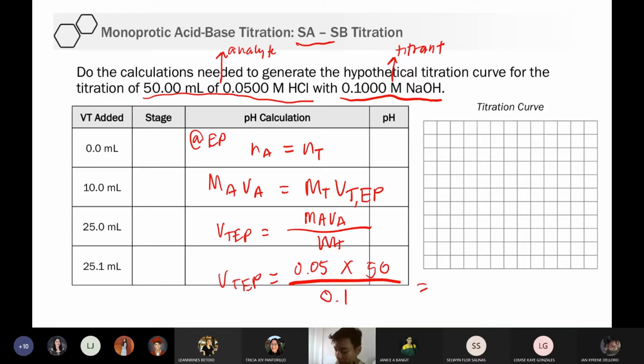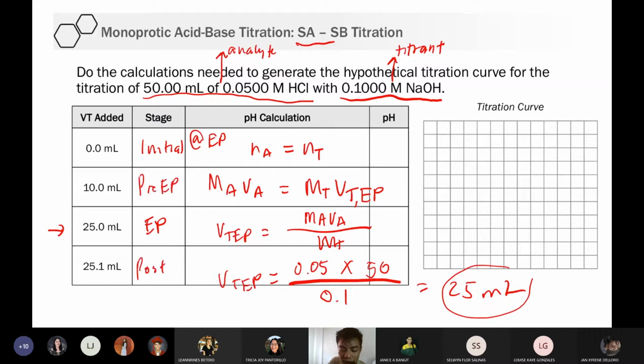So that's 0.05 times 50 divided by 0.1, 25 ml. Okay? So since I know that the volume at equivalence point is 25 ml, that means ito yung equivalence point. Ito yung initial, ito yung pre-equivalence point, ito yung post-equivalence point.